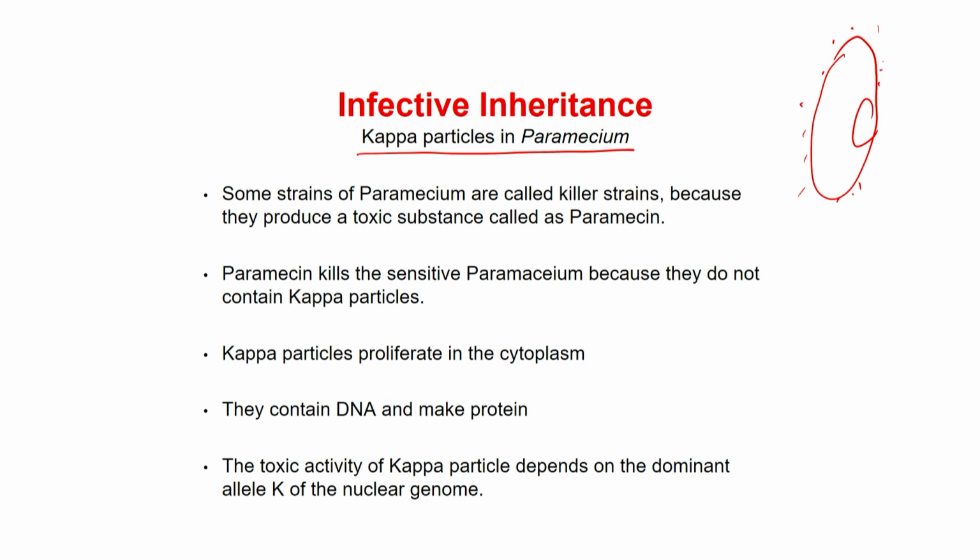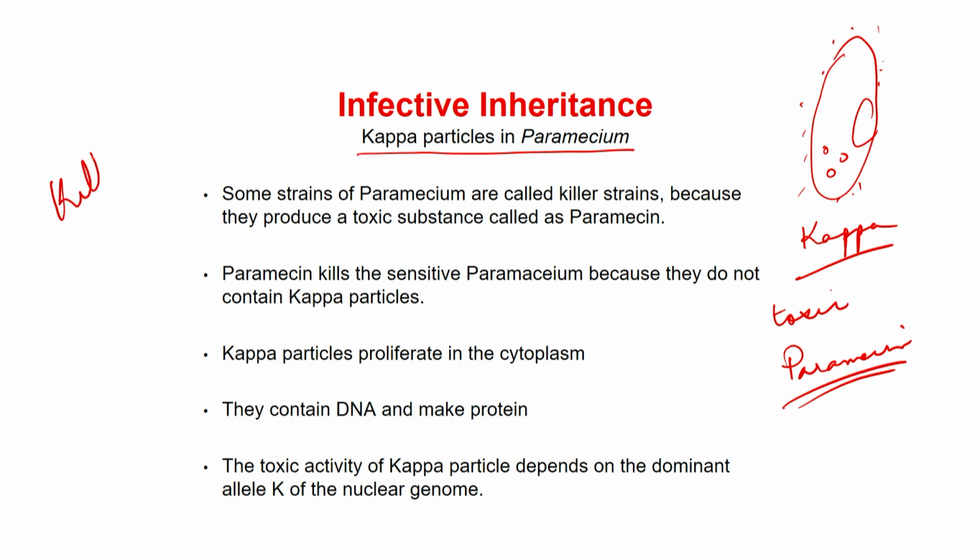Now, in Paramecium there are certain particles which we call kappa particles. These kappa particles, it is now known, secrete a certain kind of toxic substance which we call paramecin, and the paramecium which contains these kappa particles are the killer strains.